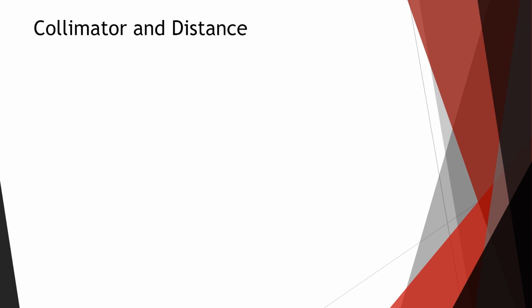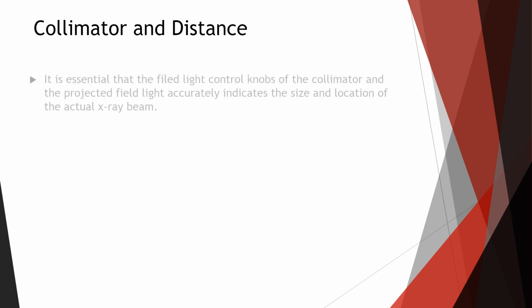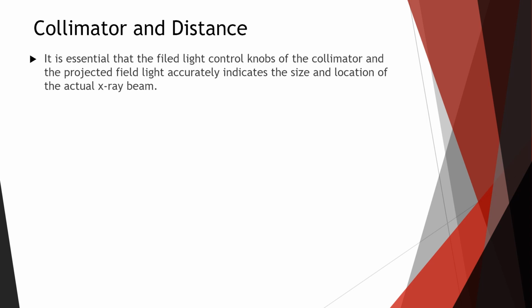Another parameter test. We've talked about mA, we talked about seconds, we talked about kVp. So we have the three parameters that we set at the console. The other primary factor is distance. We talk about the collimator and the distance.